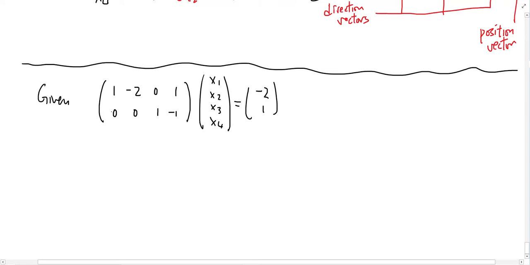This matrix is already in most reduced form. Why? Because it has 2 leading entries, and both columns, the first and the third, have only zeros in them.